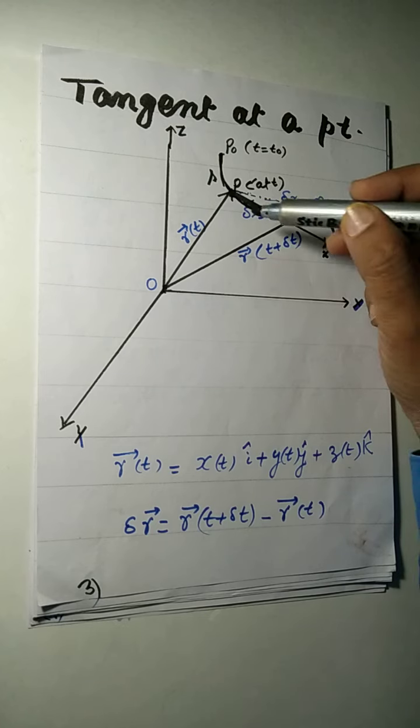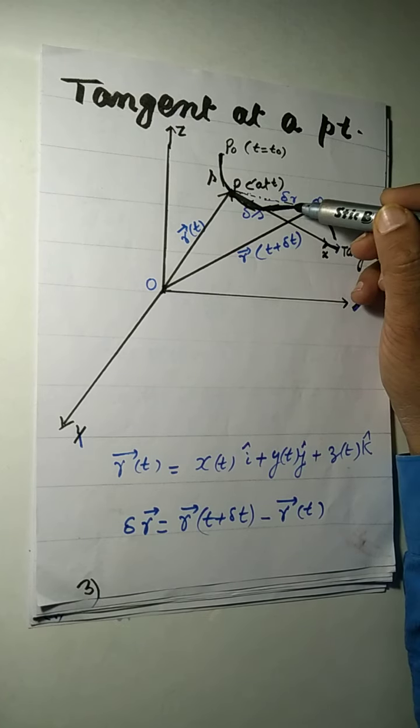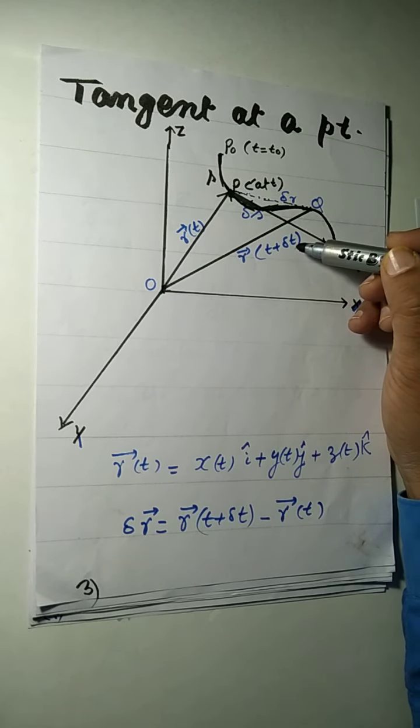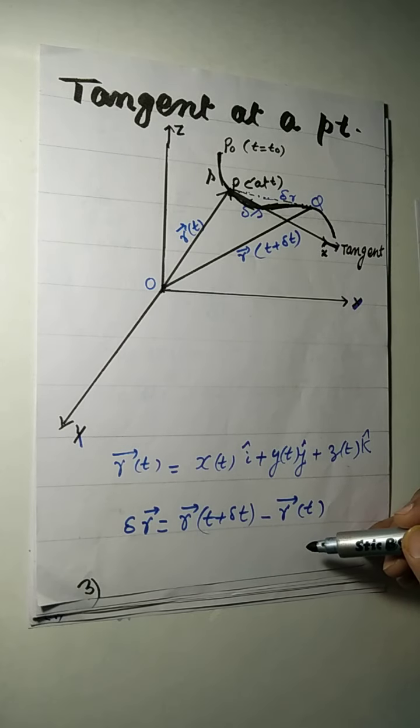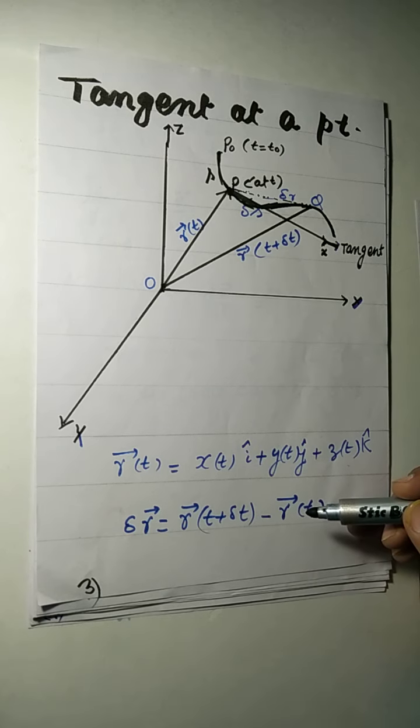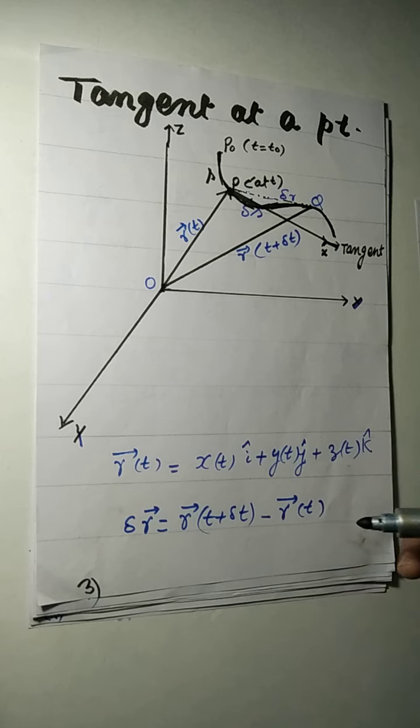When Q tends to P, then delta r becomes r(t plus delta t) minus the position vector r(t). As this parameter t takes different values, the point P traces a curve in space. That means P moves in space.